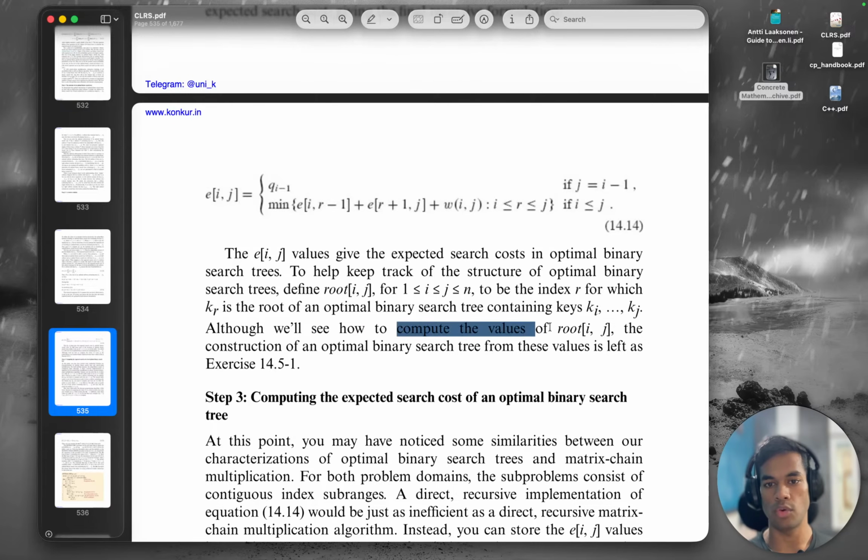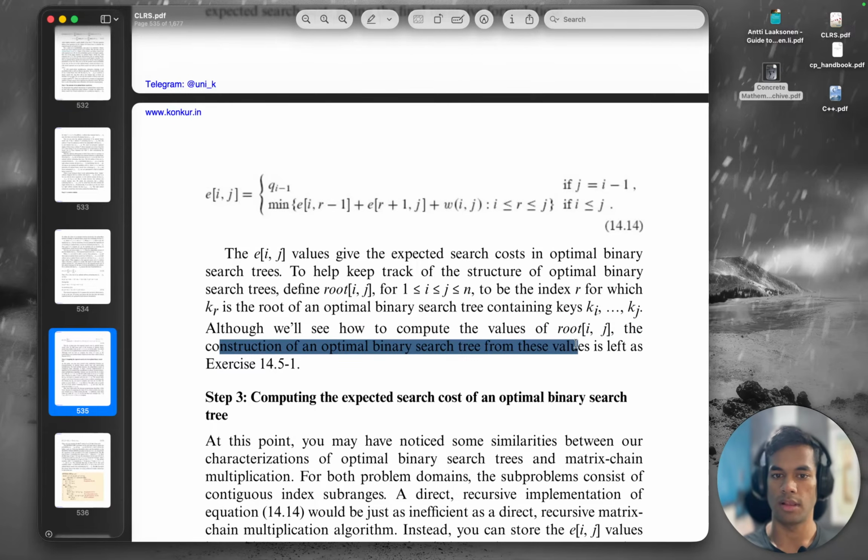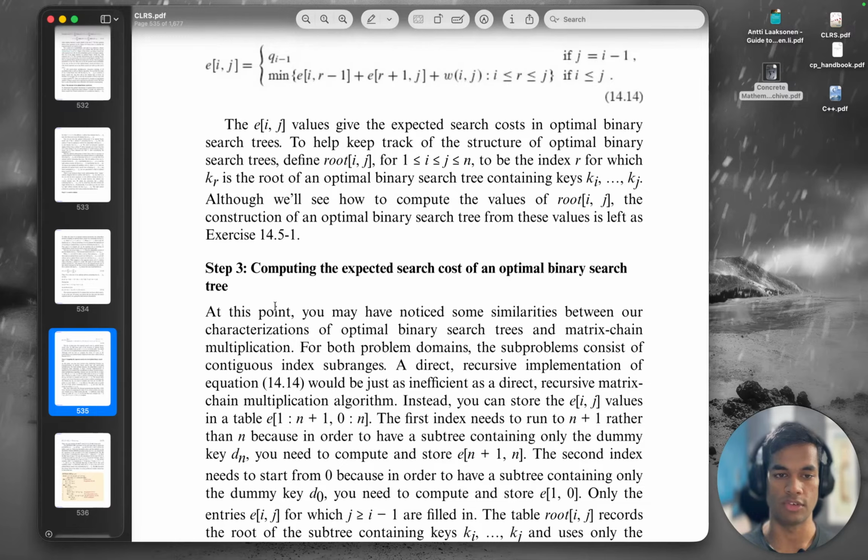Although we will see how to compute the values of root[i, j], the construction of an optimal search tree from these values is left as an exercise, the first exercise in this section.